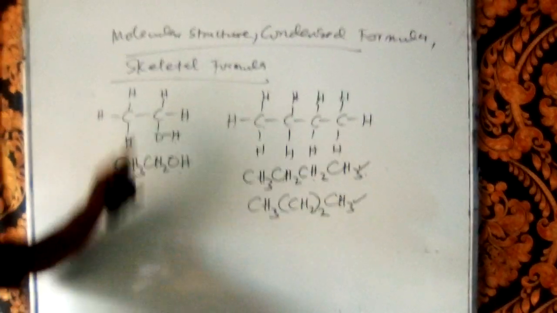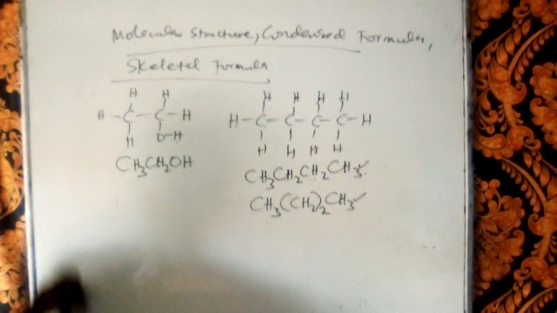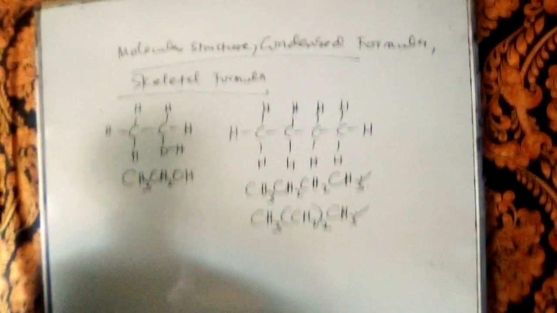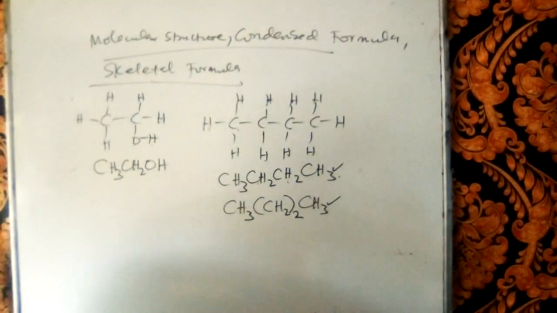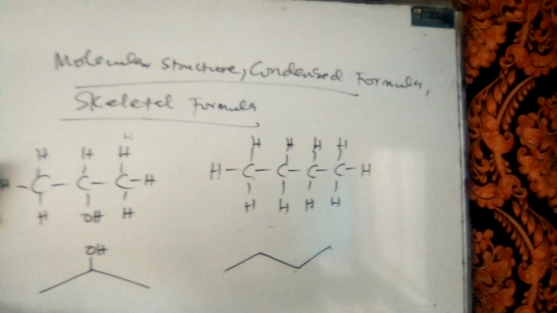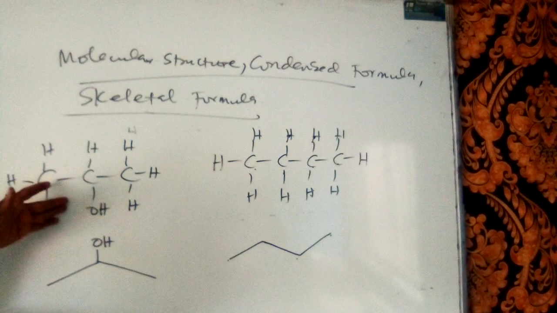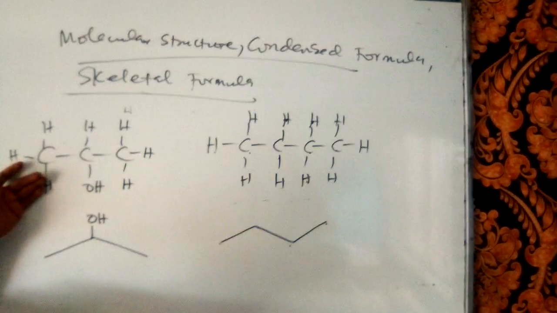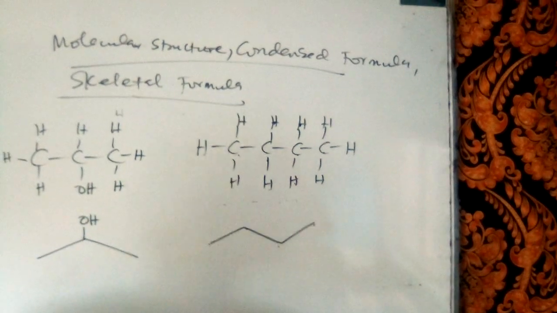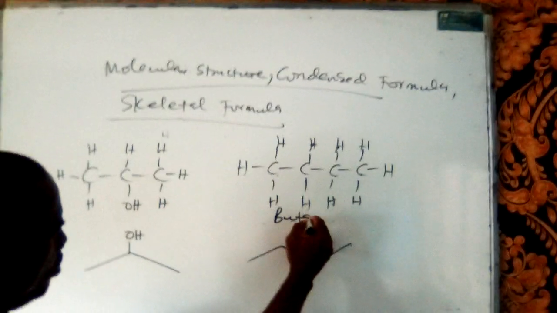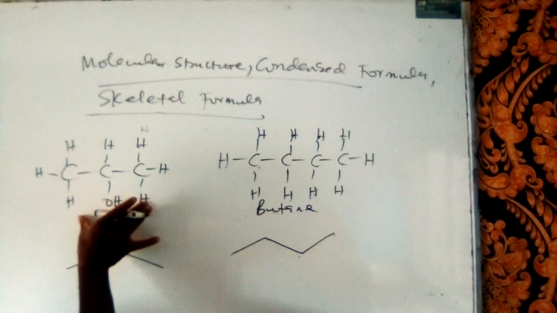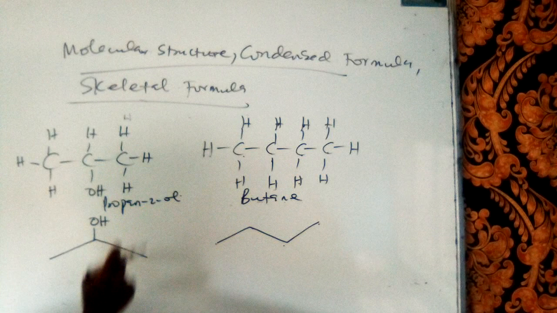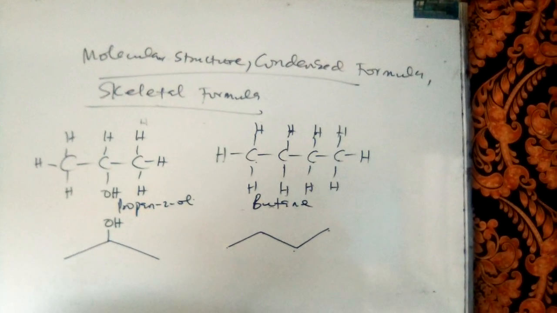So we now go to skeletal formula. Skeletal formula of ethanol. Okay, how do we go about it? On the whiteboard you can see these 2 compounds, the molecular structures or their structural formula. This compound is called butane, as we described earlier on, while this compound is called propanol or propan-2-ol. Underneath is the skeletal structure of propan-2-ol, the line formula.